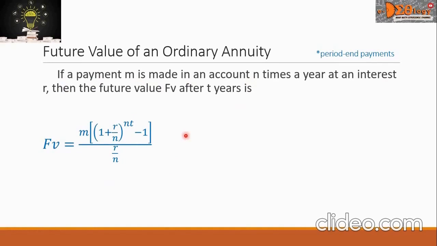It looks like a real complicated formula, but just take note that this portion is like the total amount formula of compound interest. And then there is minus 1 here, and there is a denominator that is similar to this fraction R over N.